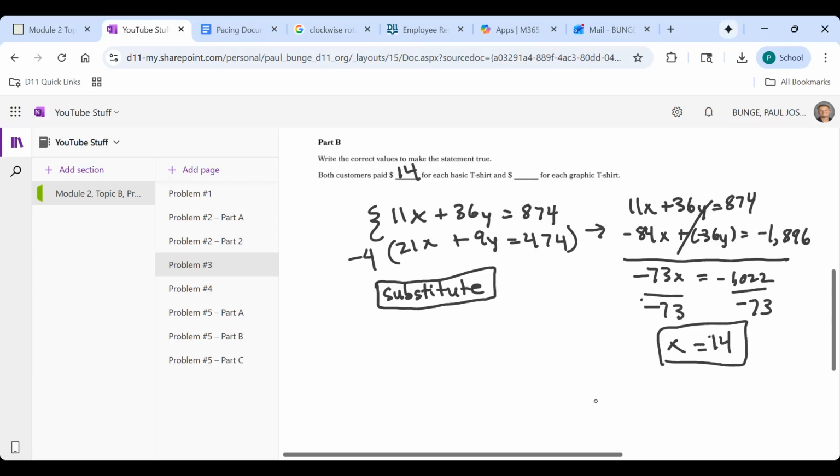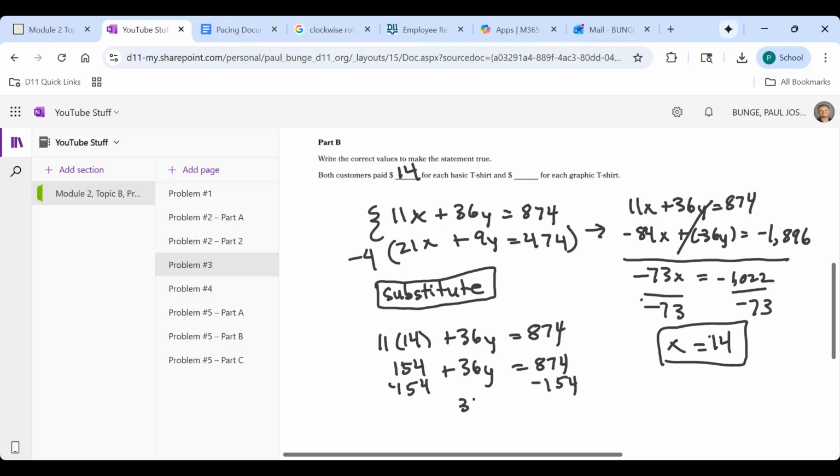So now I'm going to choose to substitute it into the top linear equation. So I've got 11 times 14 plus 36y equals 874. My next line is going to be 154 plus 36y equals 874. In order to get the 154 on the other side, I have to subtract.